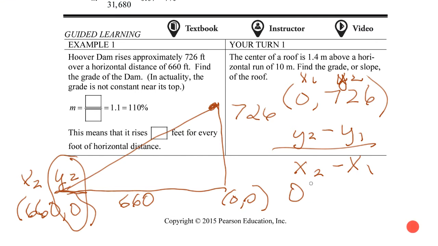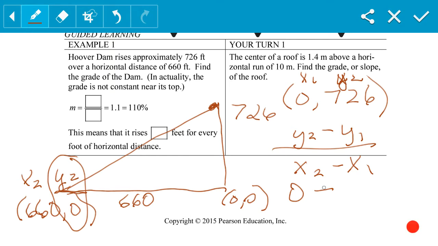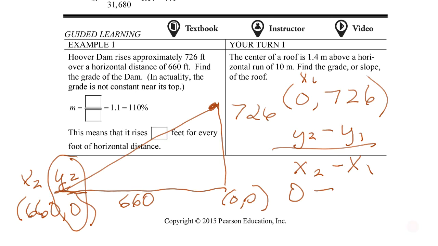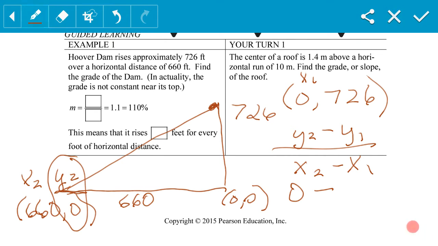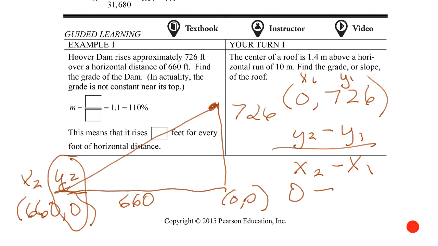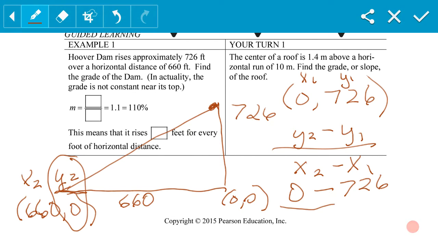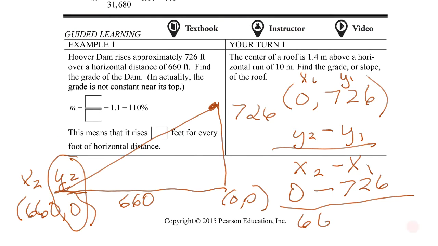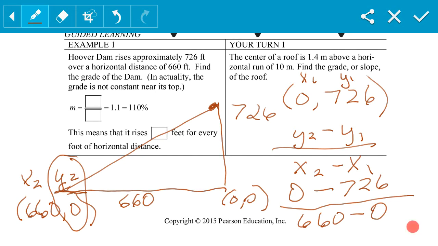So we're going to have 0 minus y1, which I mislabeled. Let me redo this. It's a mess. So this is y1. y2 is 0. y1 is 726 over x2, which is 660, minus x1, which is 0. And whatever our answer is, it's going to be positive, because that is the way a physical thing is.